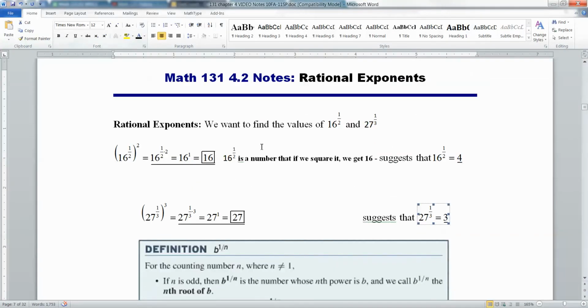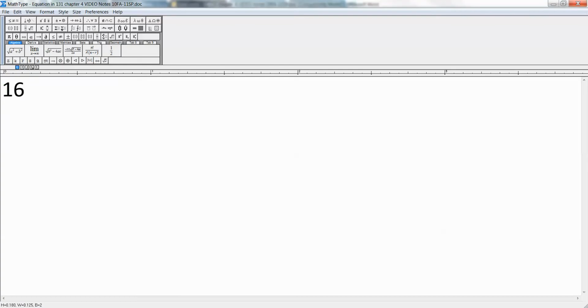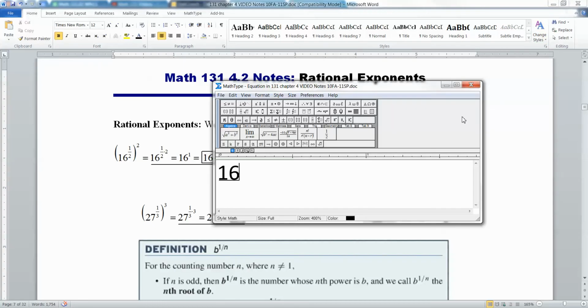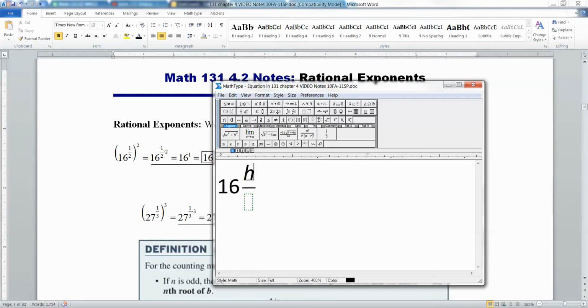And now you've learned a very important lesson. Do these look familiar? So what does that mean? 16 to the half is equal to 4. We just said that.